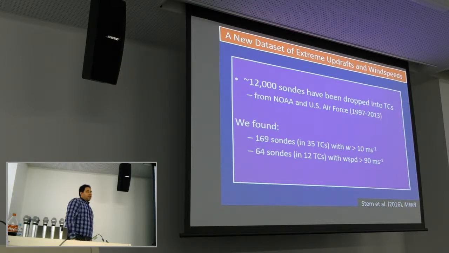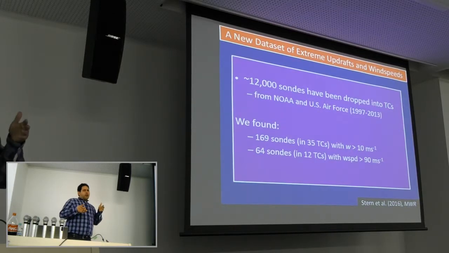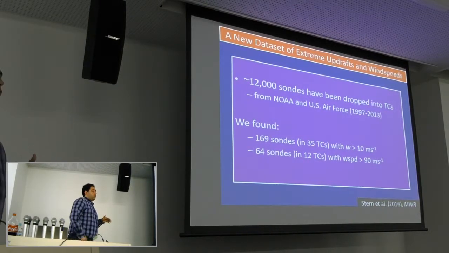And so I looked at all 12,000 of these sondes, not all individually, but I started by doing some automated quality control and searching for the strongest updrafts and wind speeds. And then dropsonde profiles that were strong enough, I looked at closely individually and did manual quality control, because there are some errors that if you don't look at it closely, you'll miss.